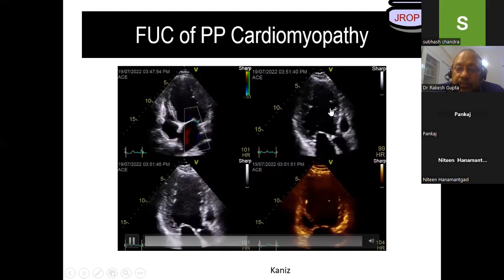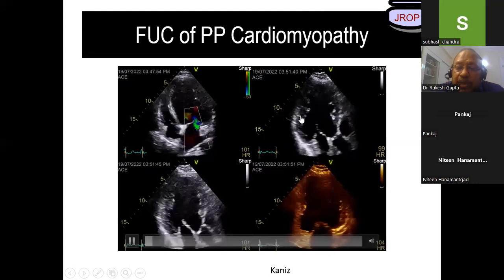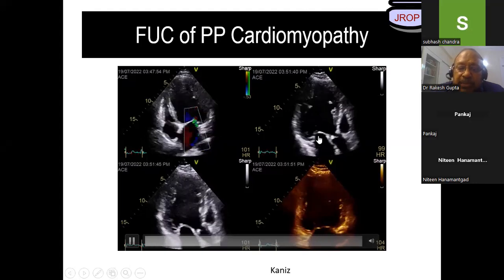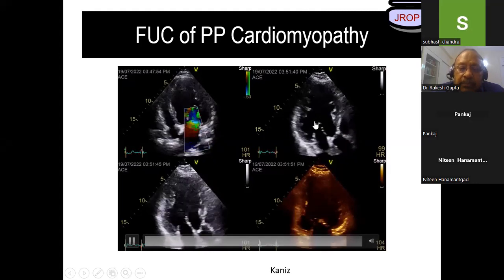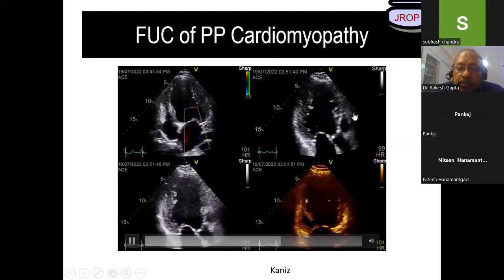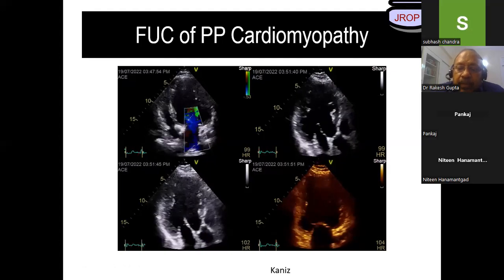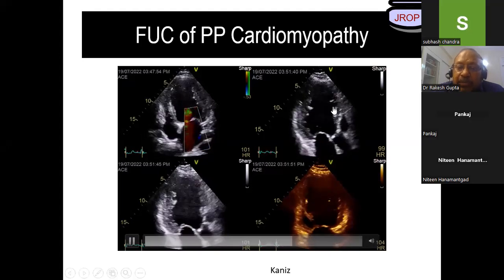If you look at this very carefully, what wall motion abnormality do you see in this patient, in this segment? This is hypokinetic, sir. Hypokinetic what? You have to say mid anterior septum or basal anterior septum.